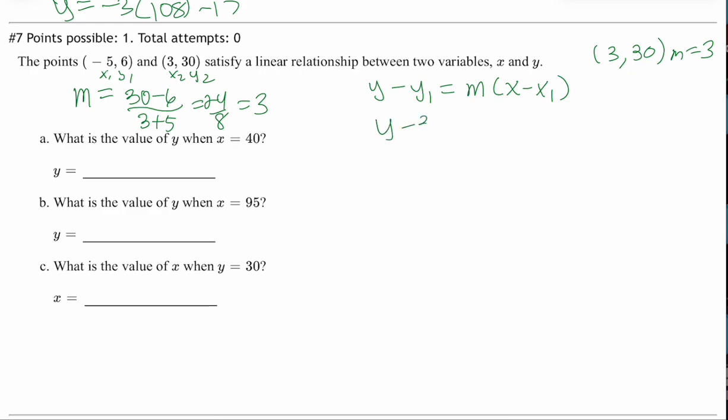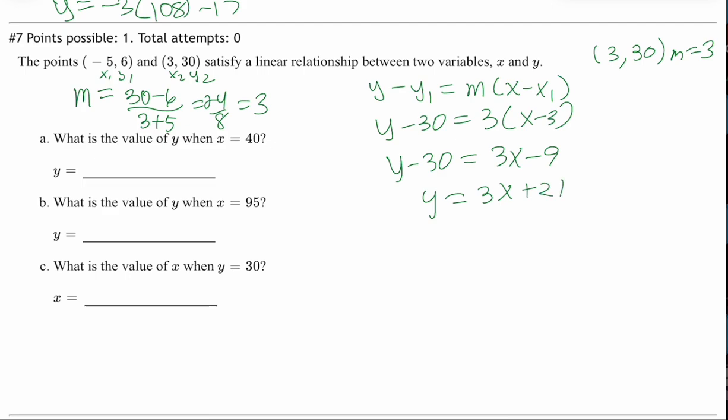So we get y minus 30 equals 3 times the quantity of x minus 3. So we get y minus 30 equals 3x minus 9. If we add 30 to both sides, we get y equals 3x plus 21. Okay, now that is our formula that we get to use to answer the questions A, B, and C.